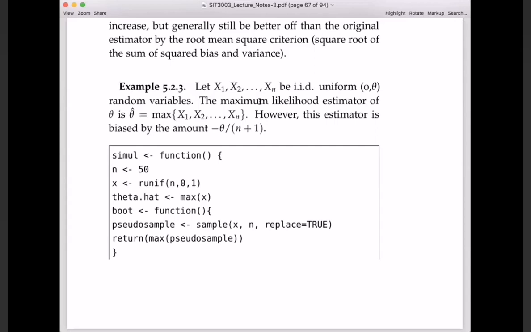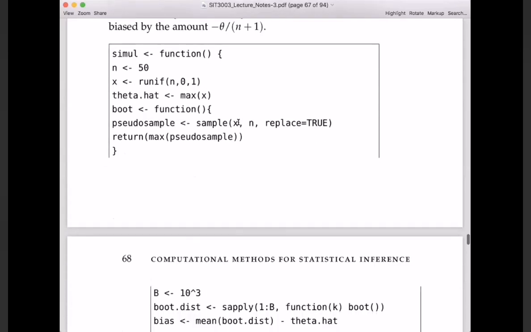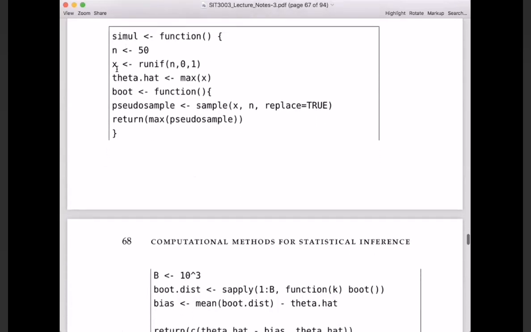But here we want to show the technique of using bootstrapping to correct for the bias. So over here, I do a simulation. I create a simulator, where I sample 50 random variables from the uniform 0, 1, so my theta is actually 1 here. My theta hat is the max of x.